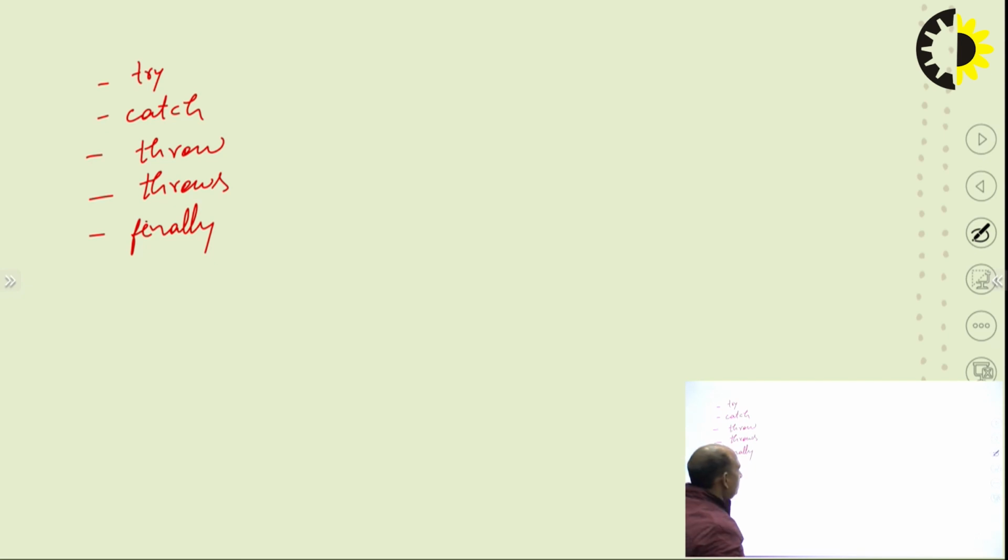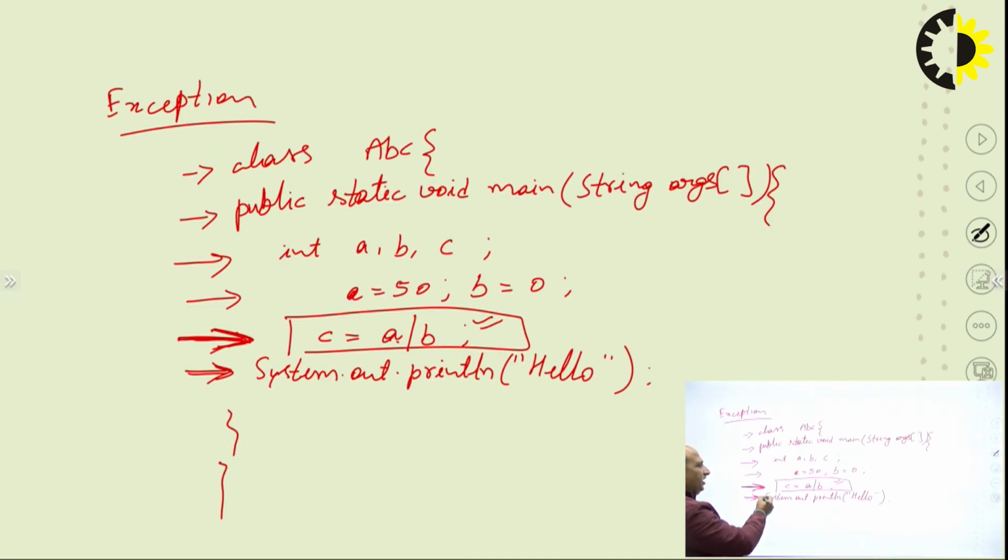So let's start. The same code that I wrote on the previous page, I am writing that same code, but I want to implement exception handling. If you implement exception handling in this code, you have to put the line that has some abnormal situation within a try and catch block.